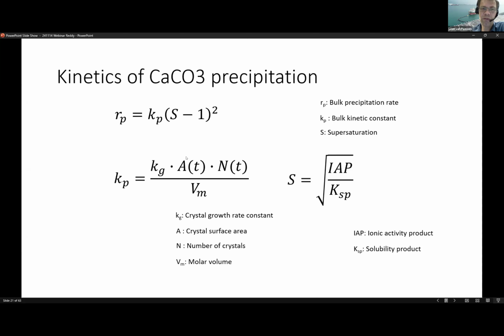It's a product of the amount of surface area, the amount of nuclei in time, divided by the molar volume times the actual growth rate constant. So if you're in a system where the surface is constant, then it may actually be a constant parameter. But typically, if you have growing crystals, then the surface area of the crystals available becomes larger and larger. So eventually, the Kp constant actually becomes larger as well. So then your precipitation rate varies depending on the actual bulk kinetic constant.